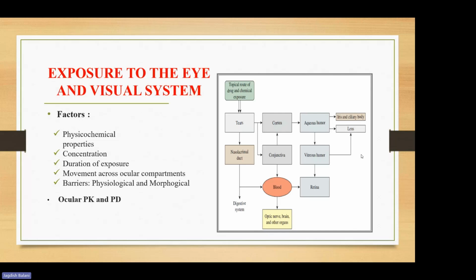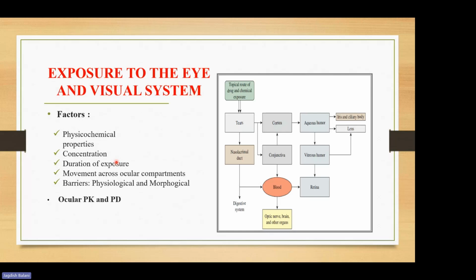So for whatever compound is exposed, we have to understand what other factors are required to know whether it is going to have an effect at the site of action. Whatever toxicants come into contact, we have to understand their physicochemical properties. Then concentration: it may be a low concentration, not having much effect.